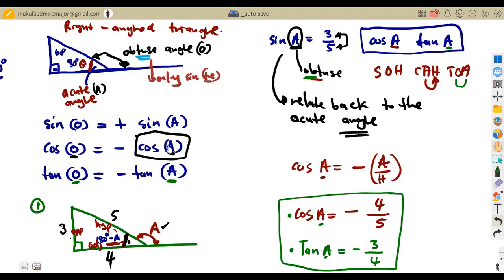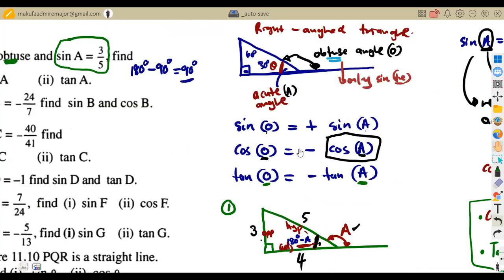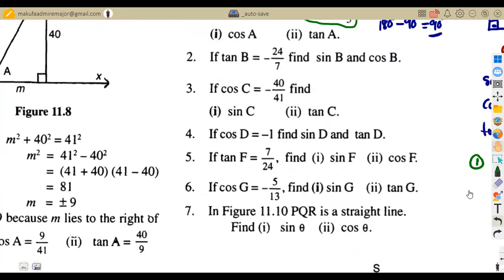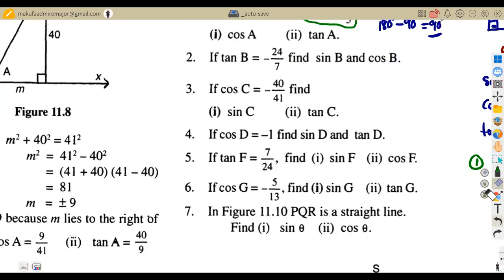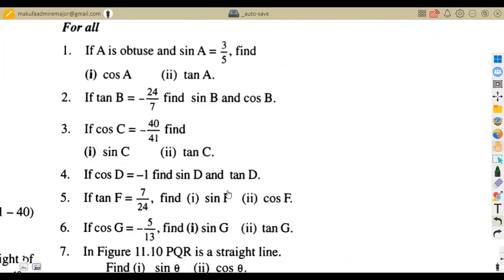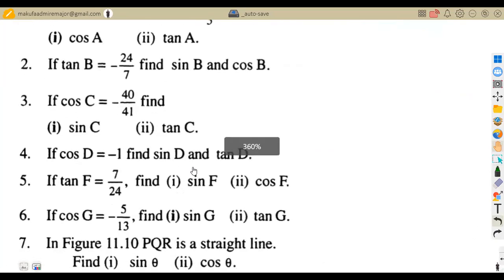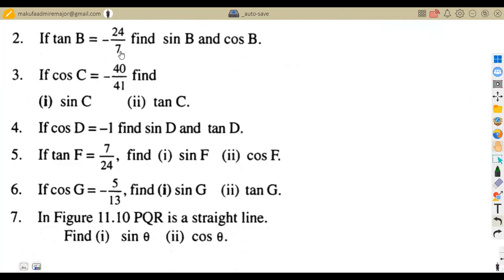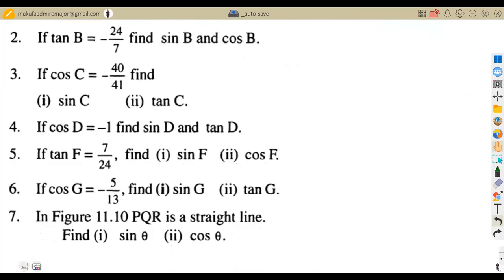So you see that you'll be given typical questions, all this part. Before I talk about this question, let us just consider cos and tan in this case. They will actually specify like this part, tan, this is a negative. Why are they specifying that tan B is a negative? Why are they not specifying instead that B is obtuse?